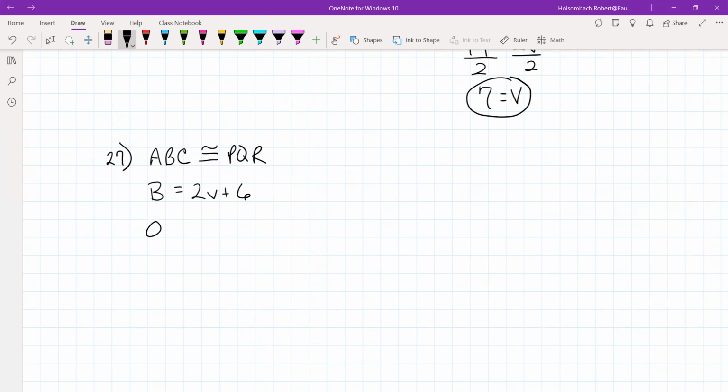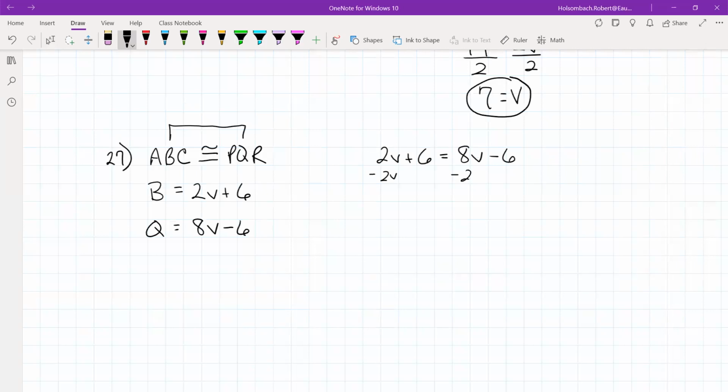Angle Q equal to 8x minus 6. And you need to find the measure of each angle. So B is in the middle, Q is in the middle, they're congruent to each other, so the 2x plus 6 is equal to the 8x minus 6.